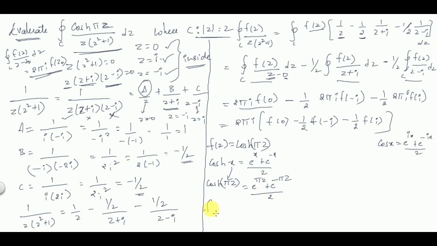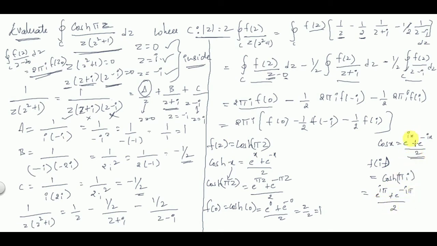So we need f(0) now. f(0) is cosh(0), because z is 0, and π into 0 also becomes 0. So it will be (e^0 + e^(−0))/2, which is 2/2, equal to 1. Suppose we need f(i). f(i) is cosh(iπ), which is (e^(iπ) + e^(−iπ))/2.